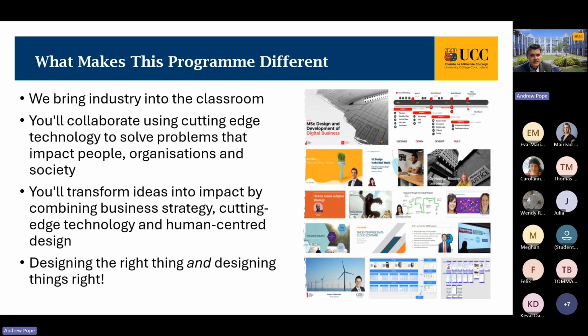Industry and technology is changing so fast that it becomes almost impossible to make sure that the curriculum is responding in real time. So one of the things that Caroline and myself did very, very early is we made a decision that we were going to bring industry right into the classroom and to do it frequently and repeatedly. So we would bring industry experts into the classroom.